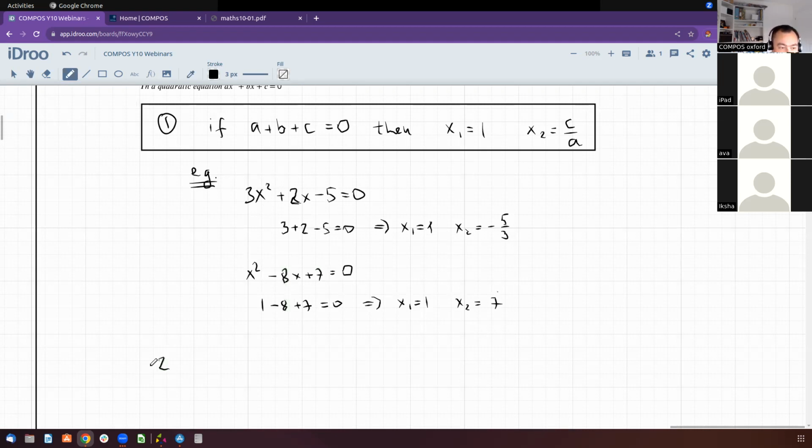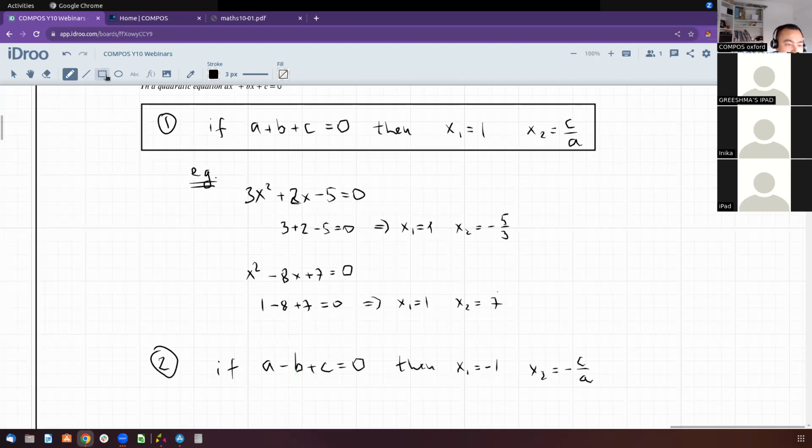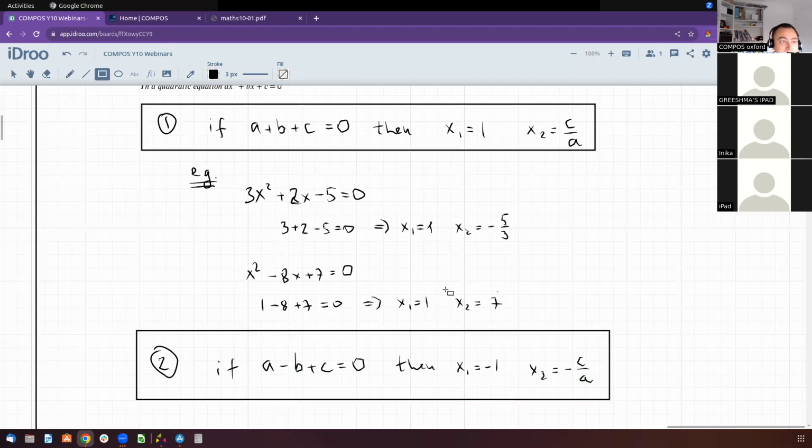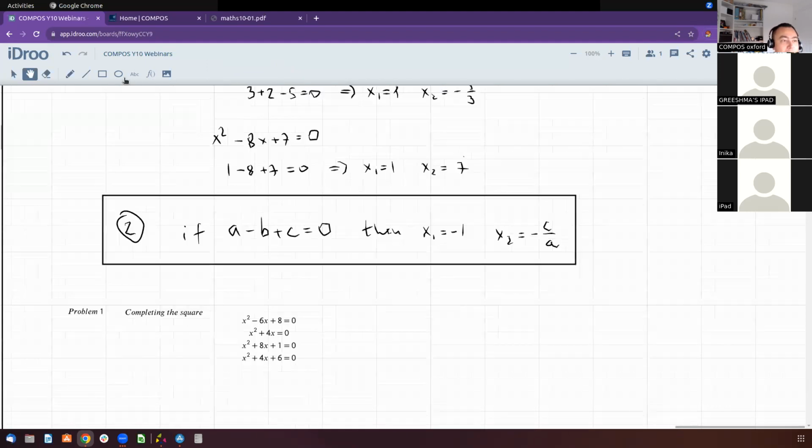The second special case: if a minus b plus c equals 0, then the first solution is minus 1, and the second solution is minus c over a. For example, 5x squared minus 11x plus 6 equals 0.